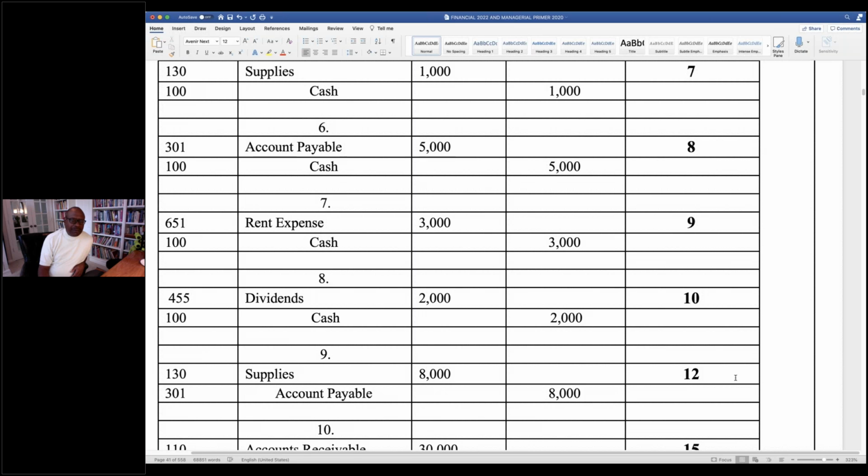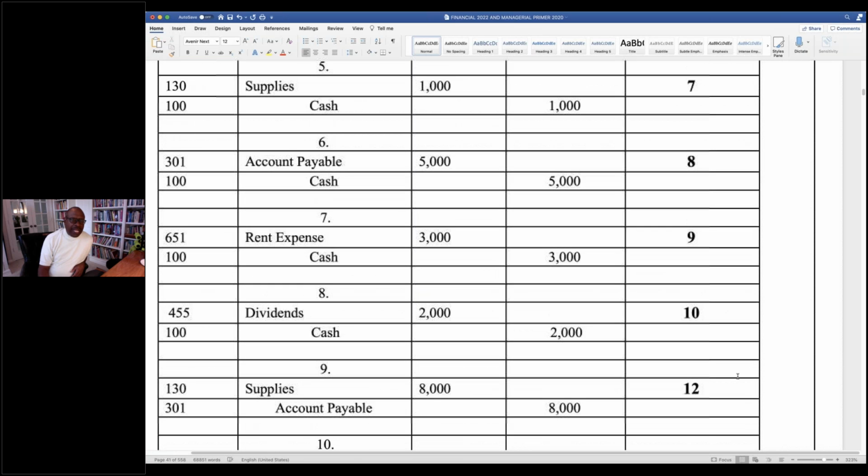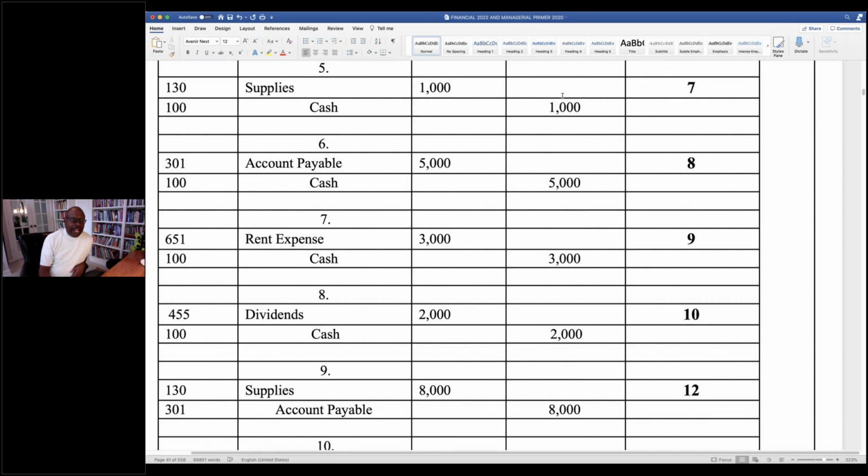Okay, we got a supply entry at 5. We bought some. We got a supply entry at 9. We bought some more supplies on account. If ending supplies is $3,000 and I tell you to make an adjusting entry, what would that entry be?